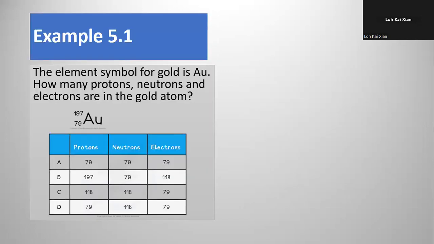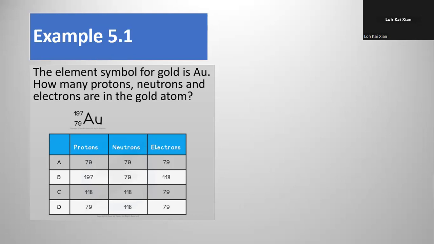Okay, try this question. What is the answer? Element symbol for gold, Au. How many proton, neutron, and electron are there in a gold atom? What's the answer?